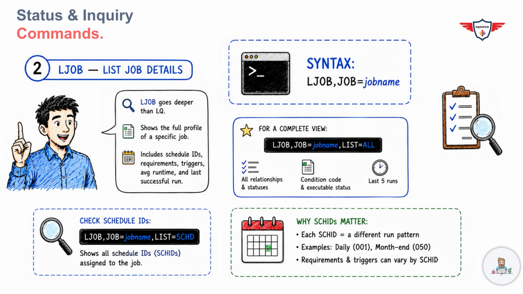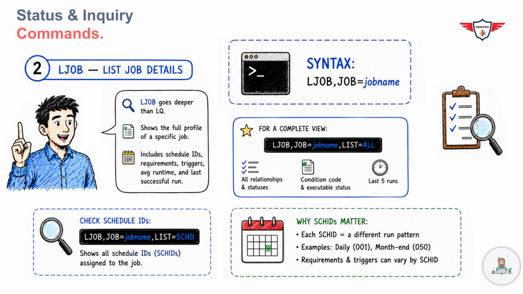Now, if you want to look at how a job behaves under a specific schedule, you can narrow your search by adding the ID to your command. Then your command will be LJOB,JOB=jobname,LIST=SCHD,SCHID=001.